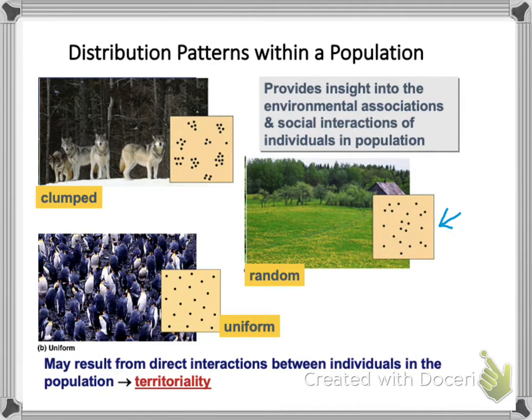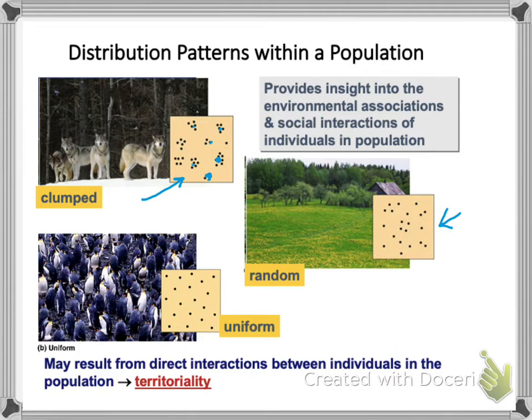When we see clumped, which is often the most common dispersion, that might indicate more things about the environment. It may be that there are certain resources that are allocated in different locations. So perhaps each of these little clusters of individuals is clustered around, say, a certain type of food source, and that food source is randomly dispersed, and so they're clumping around that.